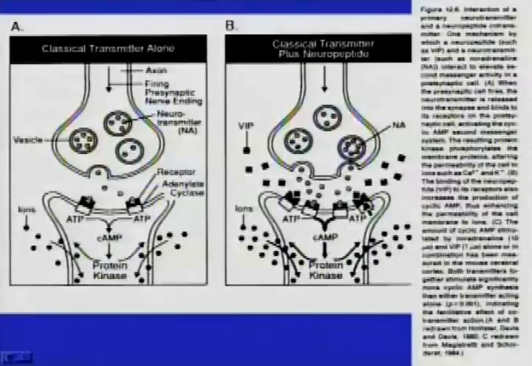Anyway, when the VIP ligates its receptor, it enhances or interacts with the primary transmitter to increase the adenylate cyclase activity so that more cyclic AMP is produced and greater ion redistributions occur, so a larger impact on the postsynaptic target cell membrane potential.